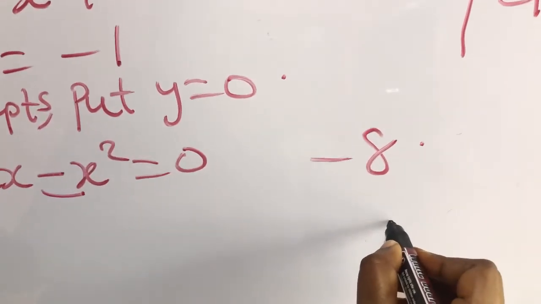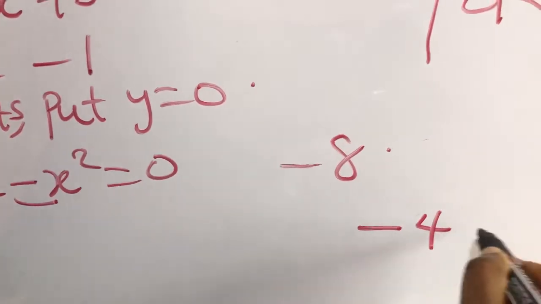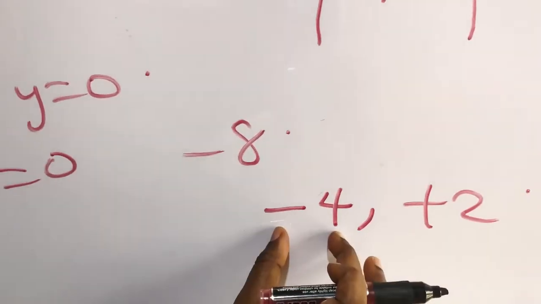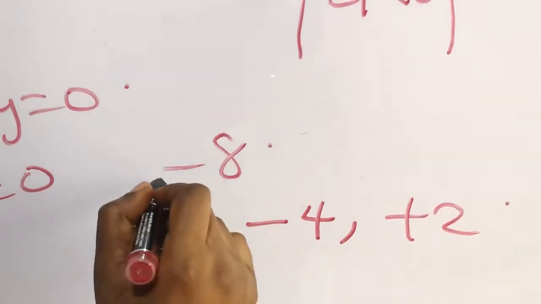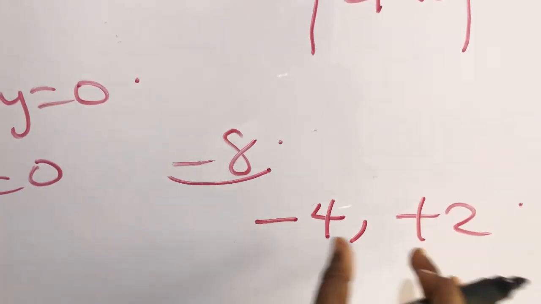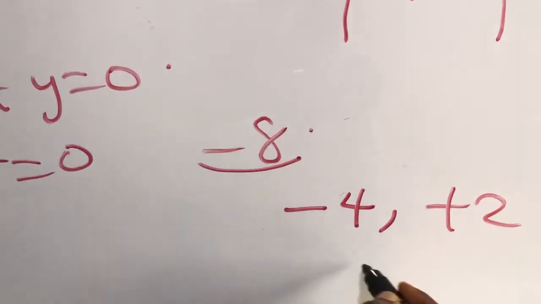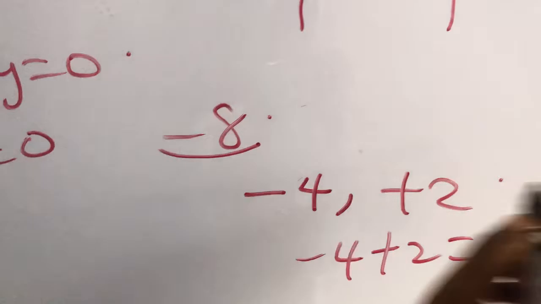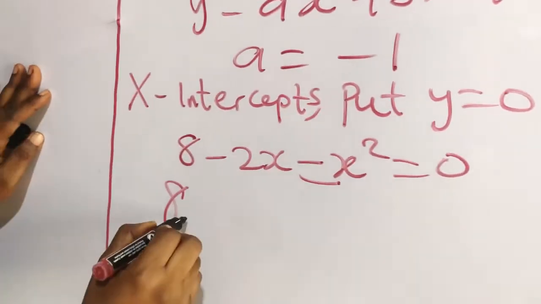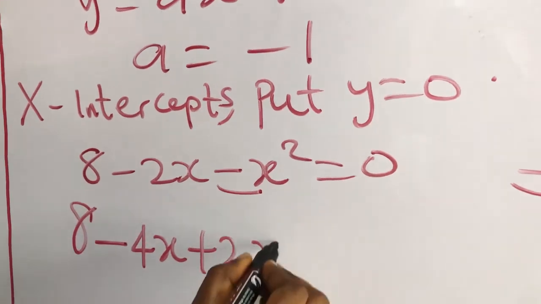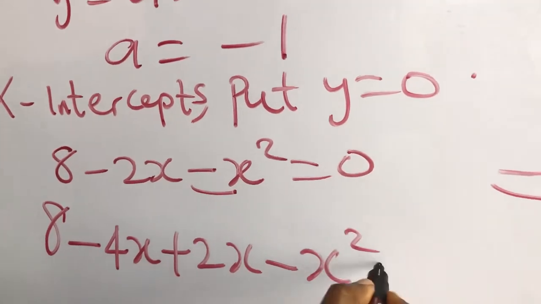So that will be minus 4 plus 2. If you multiply minus 4 and 2, you get minus 8. If you add minus 4 plus 2, you get minus 2. So 8 minus 4x plus 2x minus x squared is equal to 0.